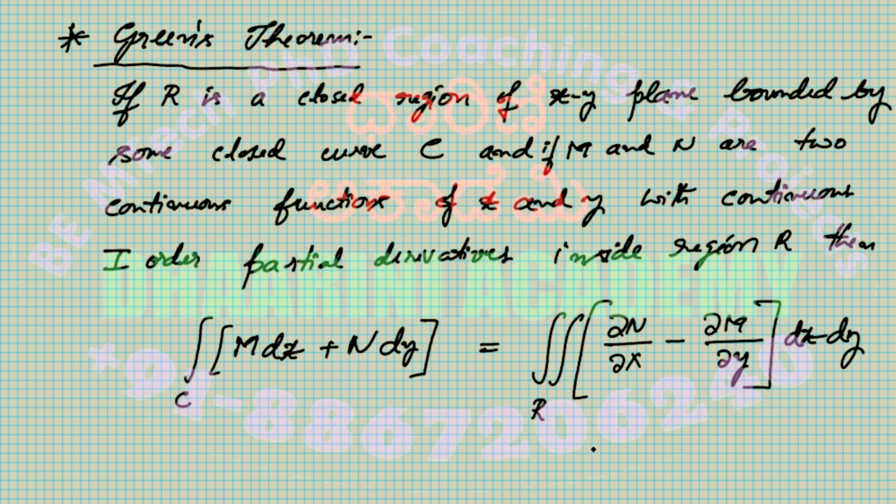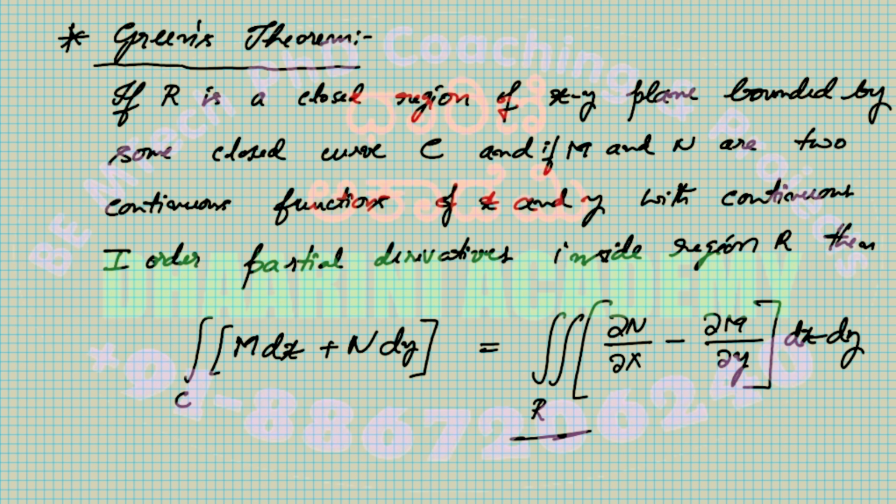And you need to have two different functions of x and y. So integration of the first function with respect to x, that is M dx, and the second function with respect to y, so N dy. This is a single integral because you are integrating over a curve. When you integrate over a region, that becomes a double integral.